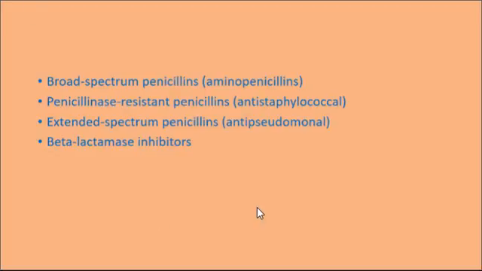And your beta-lactamase inhibitors is your next section down. A beta-lactamase inhibitor, the most common one you've probably heard of, amoxicillin clavulanate, you would have heard of as Augmentin. That's probably very commonly prescribed. It's because of that inhibitor of the beta-lactamase.